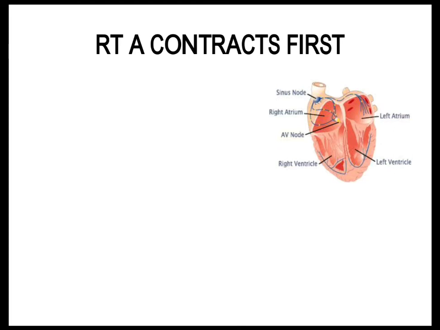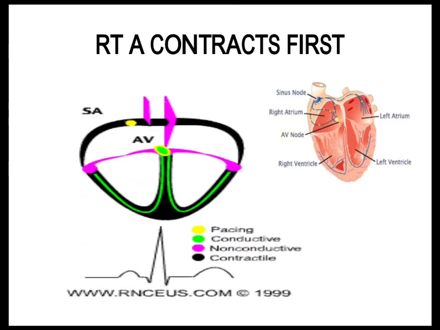Now, this is the most important point in the whole heart cycle of a myogenic type of heart. Here the right auricle contracts first. As we have discussed earlier, we have an SA node, then the AV node.